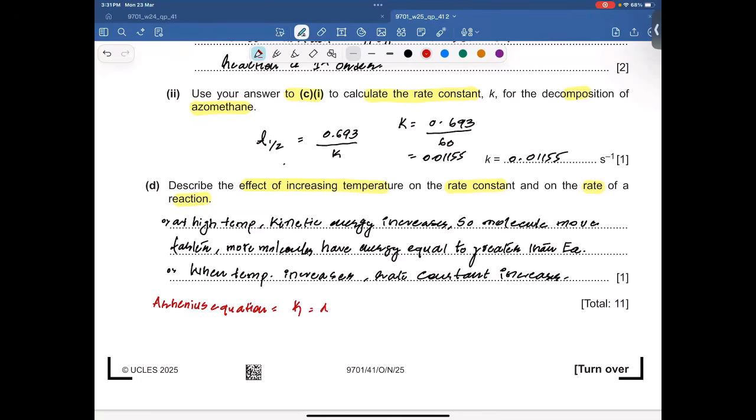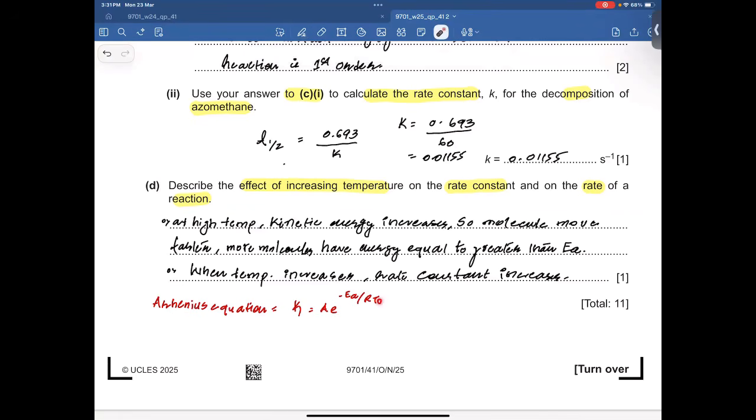The Arrhenius equation is K equals A e to the power minus Ea upon RT. That's the Arrhenius equation.